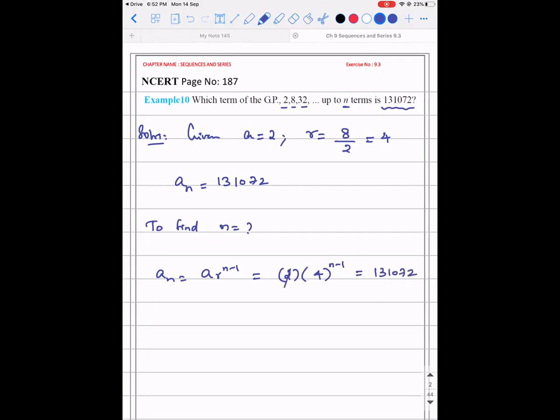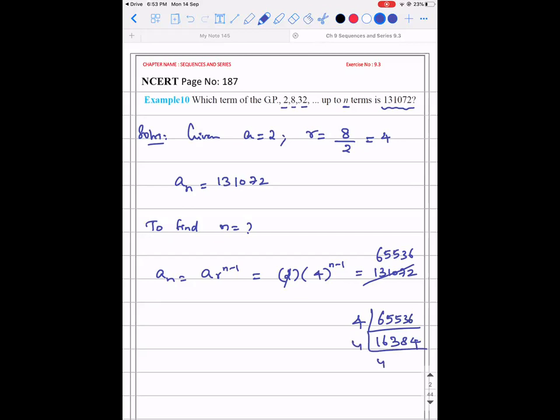So 131072, this will go 65536, right? So 65536, when you divide it with 4, what do you get? 16384.